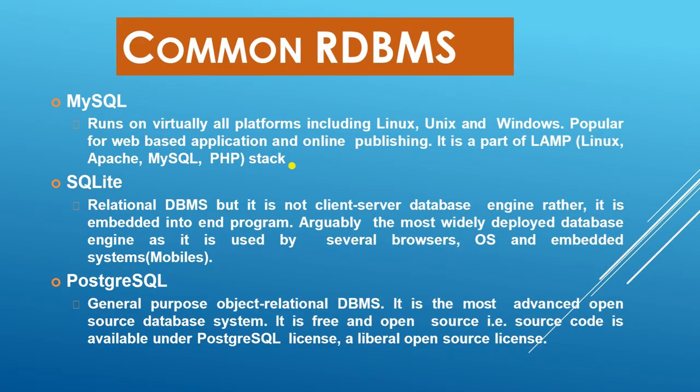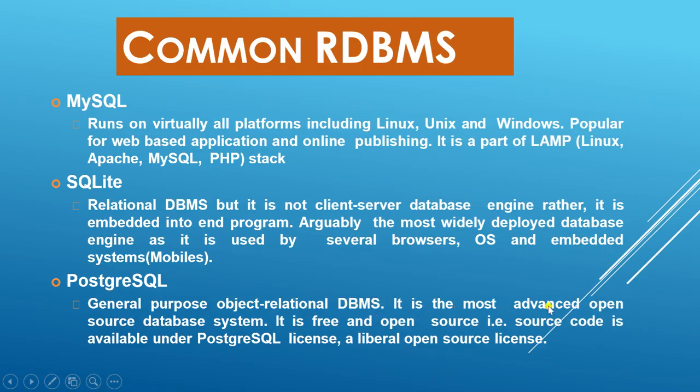Next is SQLite. It is also a relational DBMS, but it is not a client server database. The database engine is embedded into the program. It is arguably the most widely deployed database engine, as it is used by several browsers, operating systems and embedded systems like your mobiles. Next is PostgreSQL. This is a general purpose object relational DBMS.